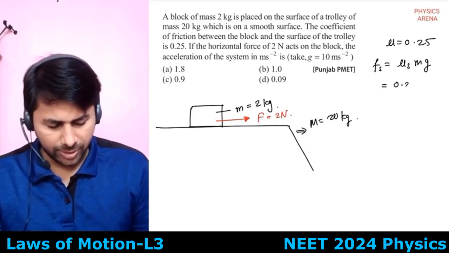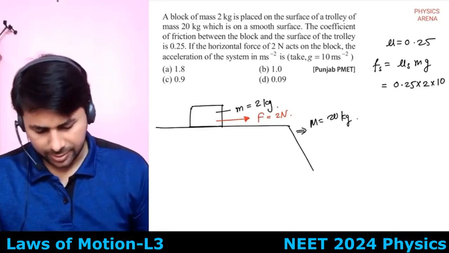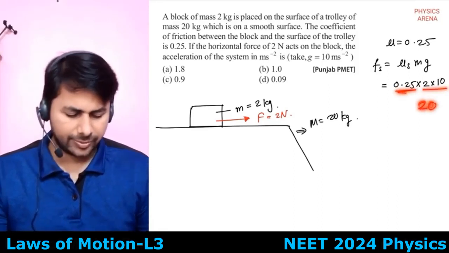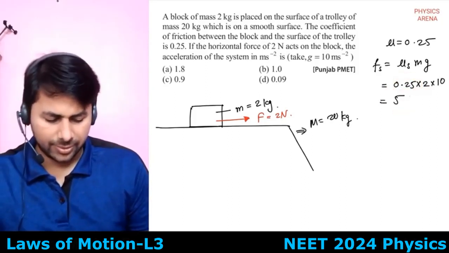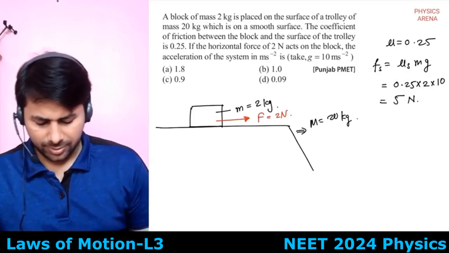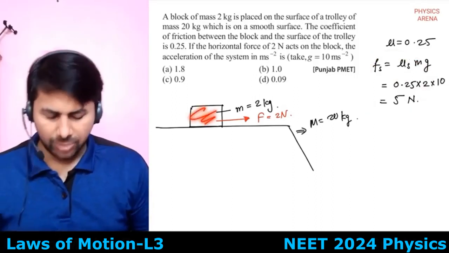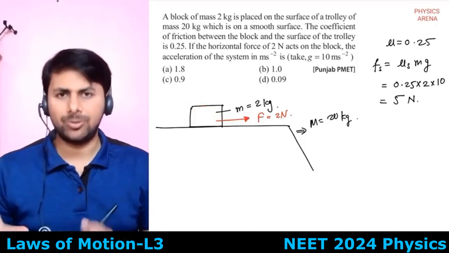That is 0.25 multiplied by 2 multiplied by 10, so 20 times 0.25, or 1 by 4, which is 5 Newton.